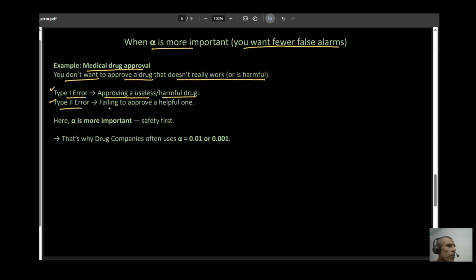A type 2 error would mean failing to approve a helpful one. In this particular scenario, in your medical drug approval case, your alpha is more important. Safety first. That's why drug companies often use alpha equal to 0.01 or 0.001.